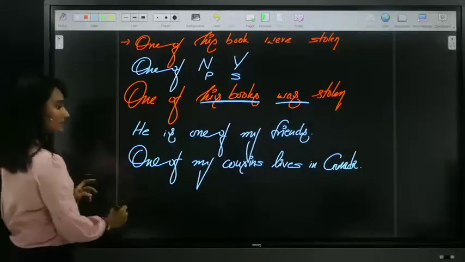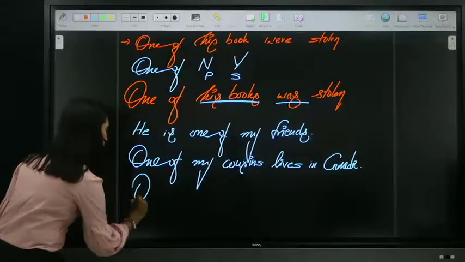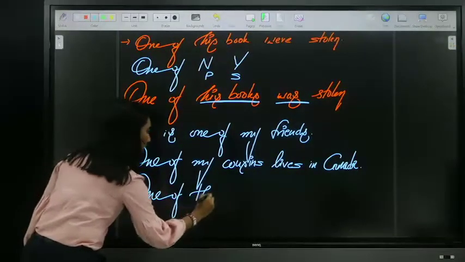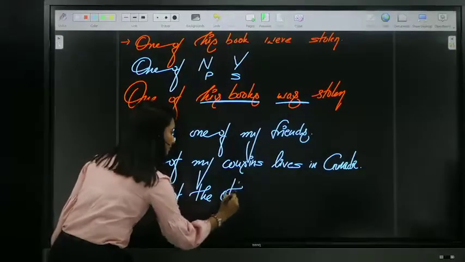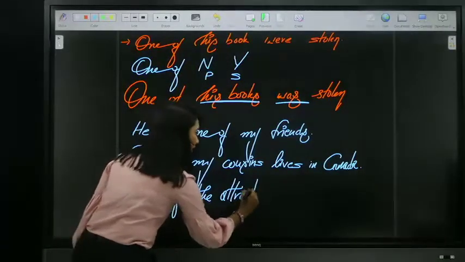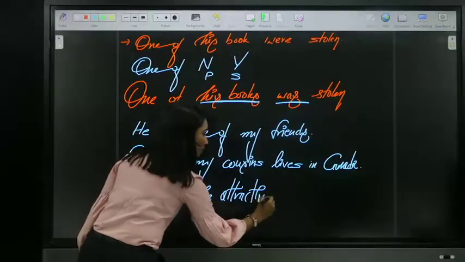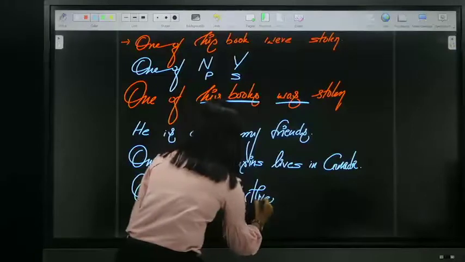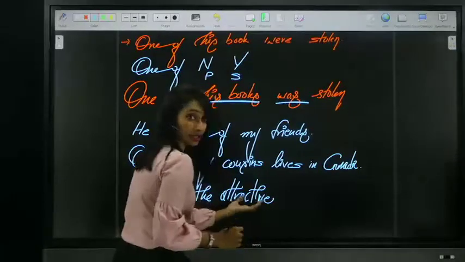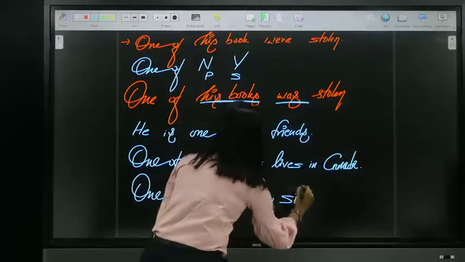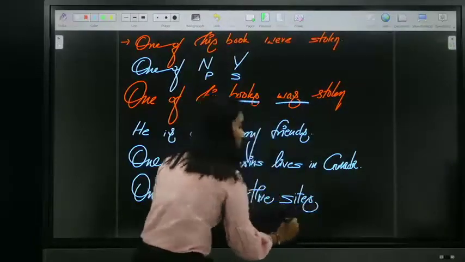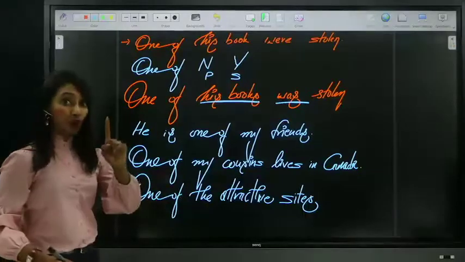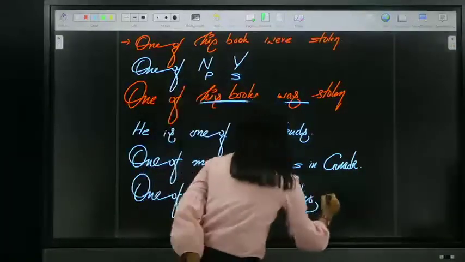Now let's see one more example here. "One of the attractive sites is Charminar." There are many attractive sites, but I'm talking about one of the attractive sites.